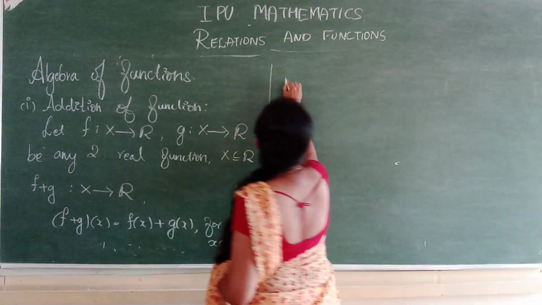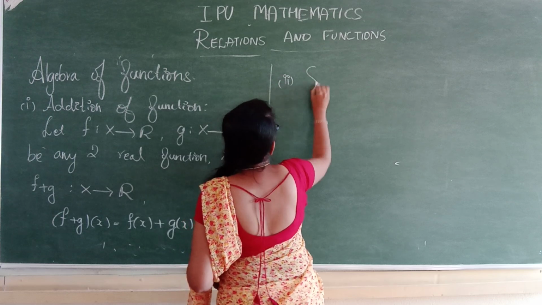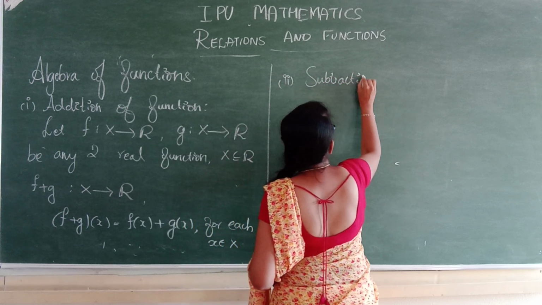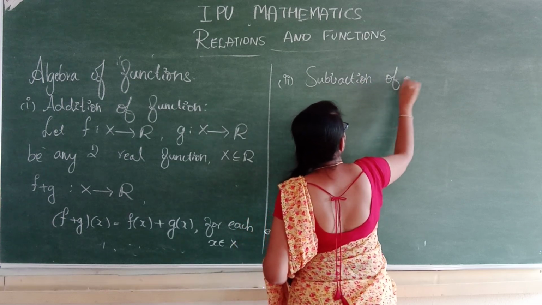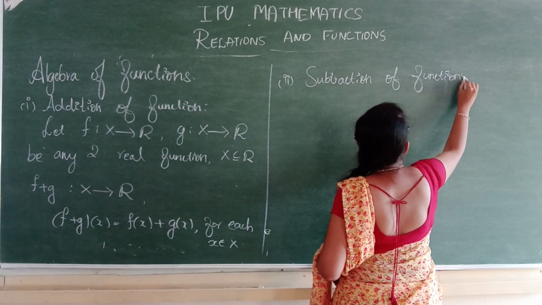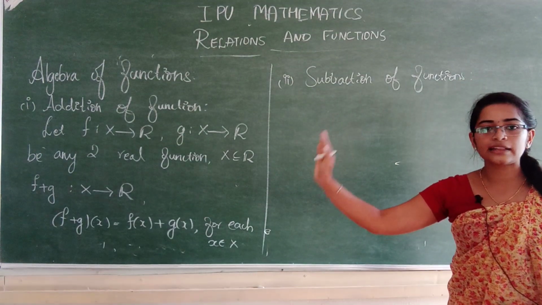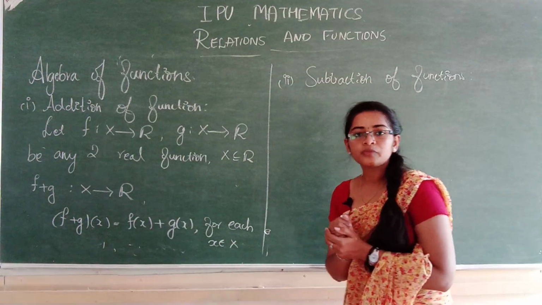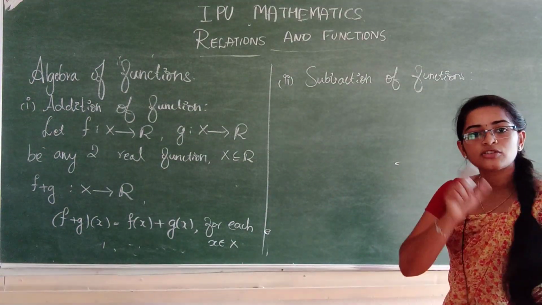Now coming to the next operation, that is subtraction of functions. We have two functions, clearly real functions f and g as given here. Now how do we define the subtraction of f and g?